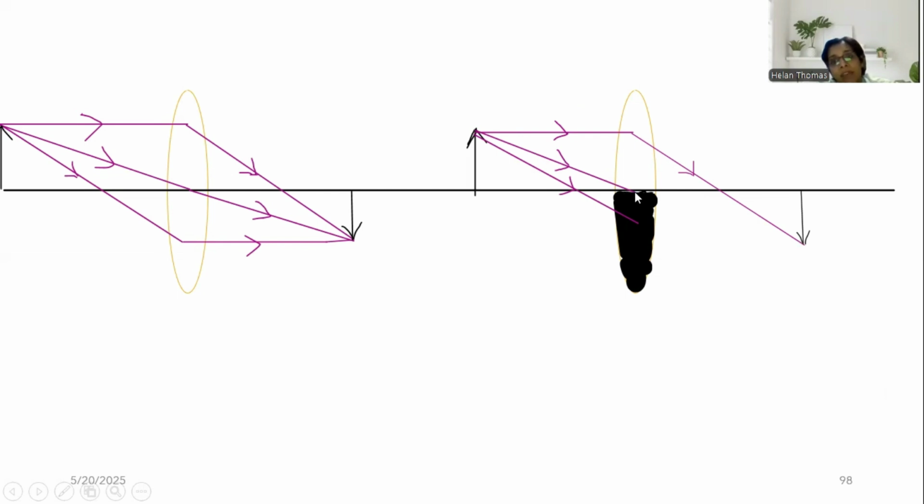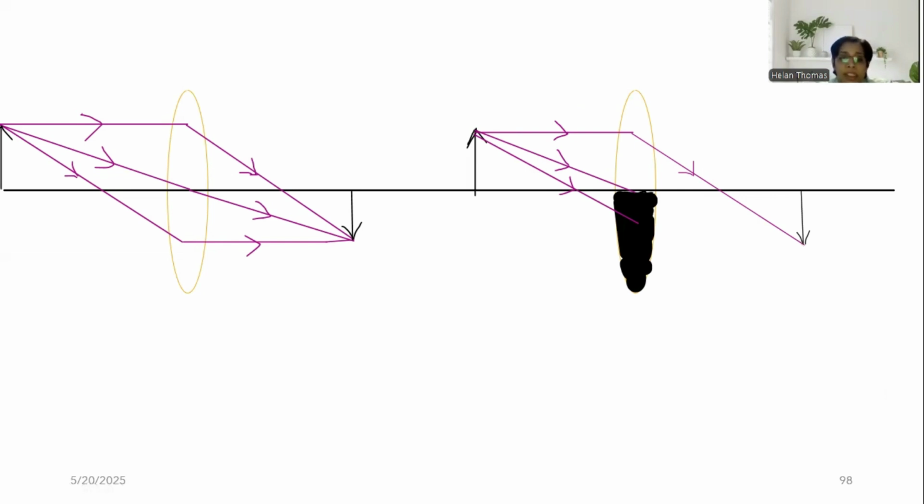So anything from the lower portion, from the middle, will not be able to pass. All the light rays are cut from here, and so they will not be converging. They will not be coming on the other side. So what happens? Only the light rays that are there on the upper portion will be converging to form the image. So your image is a complete image, but yet a fainter image.